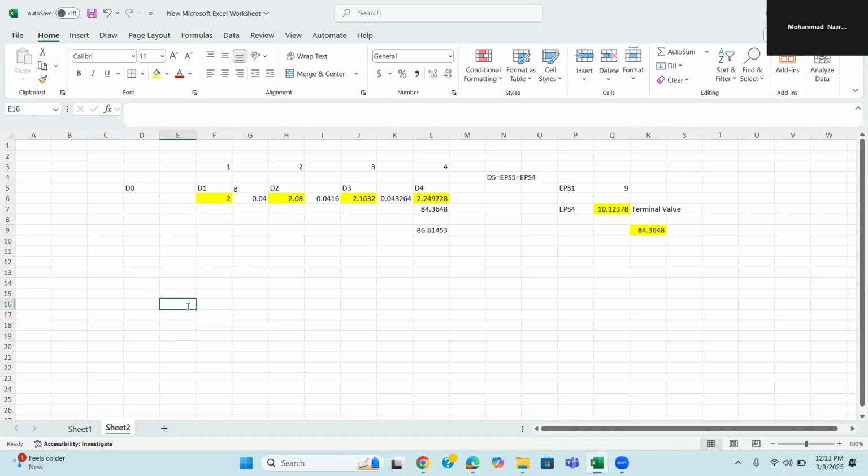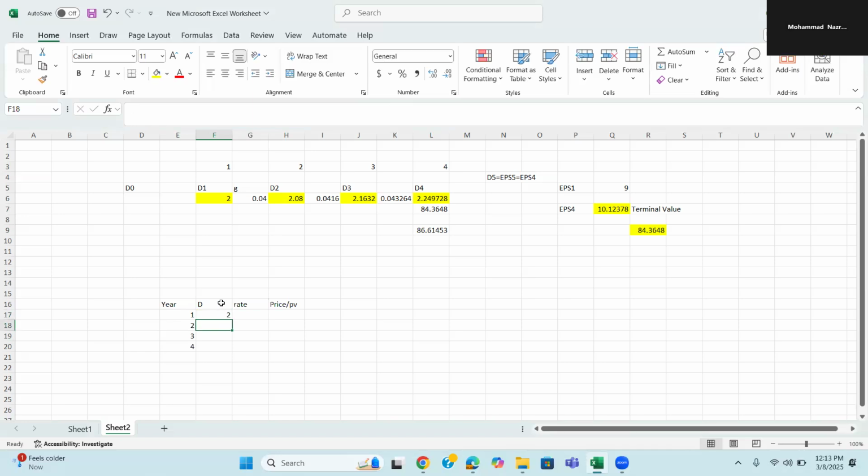So let's write it down here for all the years: your dividend, your discount rate, and your price or present value, whatever you say. So year 1, year 2, year 3, and we have year 4. For year 1, we have our value 2.